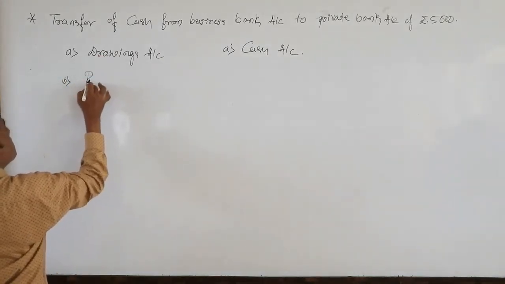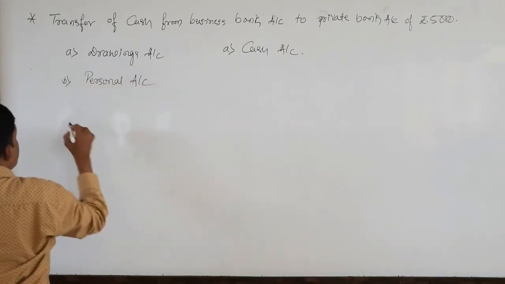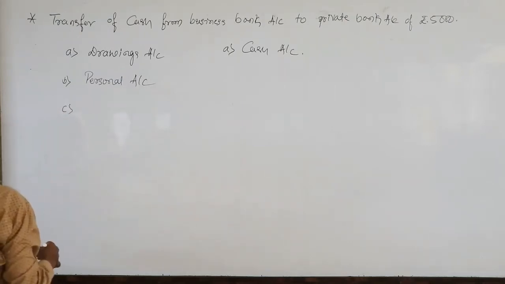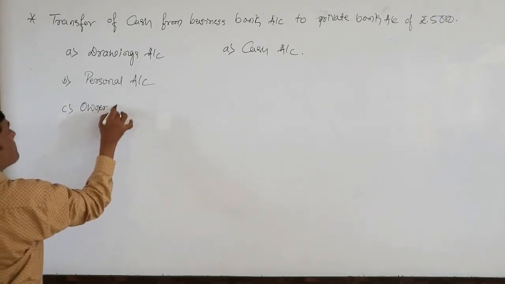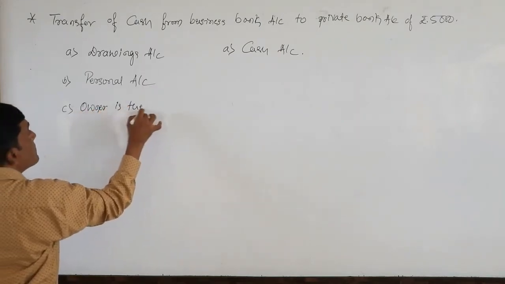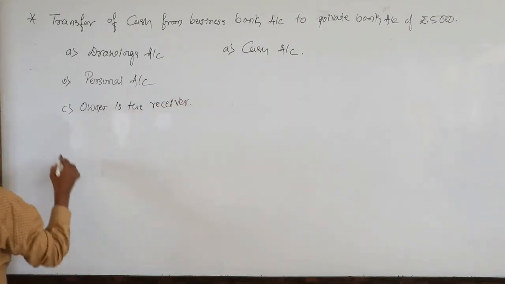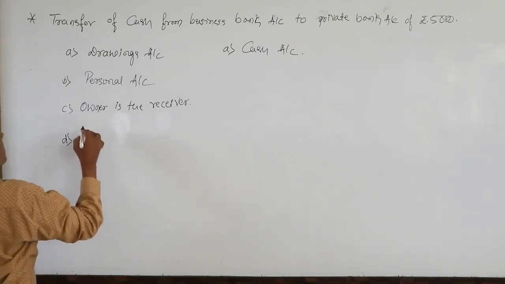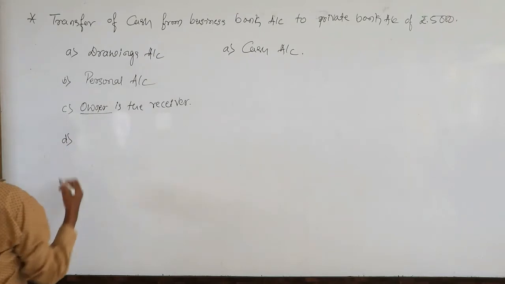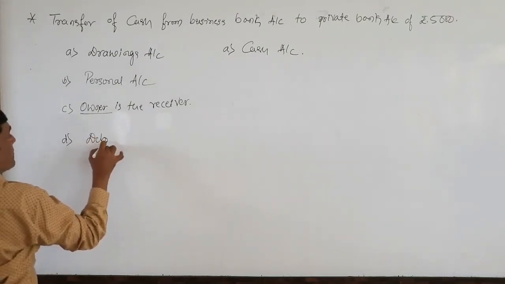Look here, drawings. So personal account. Here the owner is the receiver. So instead of writing owner's name, we need to write drawings account. So debit drawings.